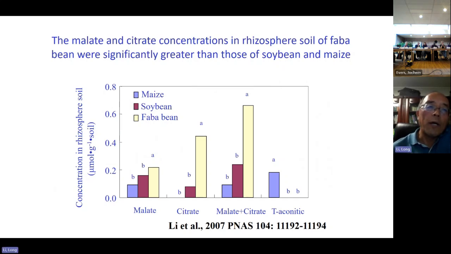Because organic acids can also chelate the alumina and the iron, that can release the phosphorus from the insoluble chemicals.